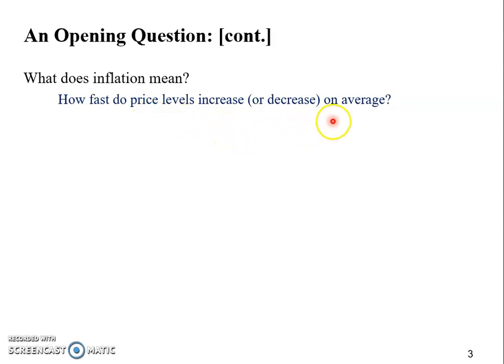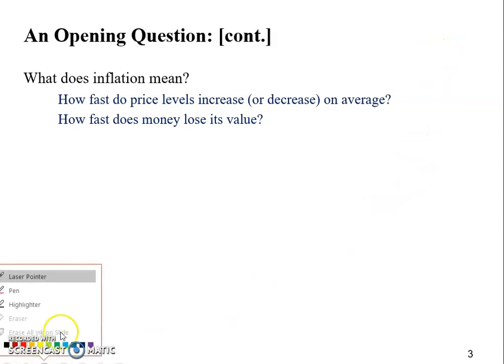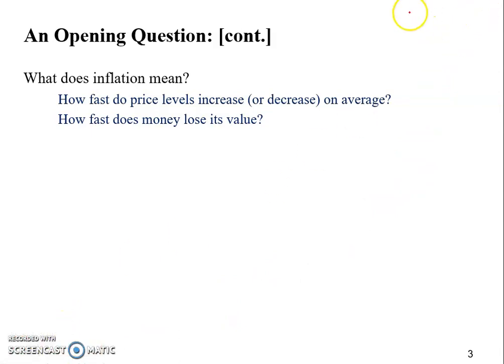Now on average means across all goods and services we purchase. The second way is how fast does money lose its value. Now here let me give you a very simple example to help you understand the difference between these two.